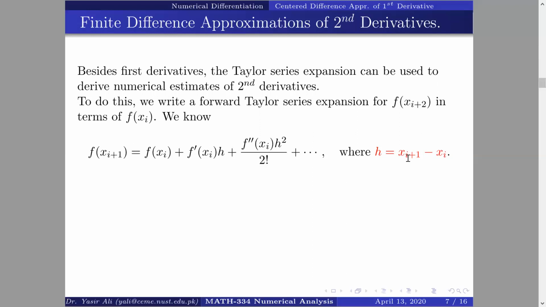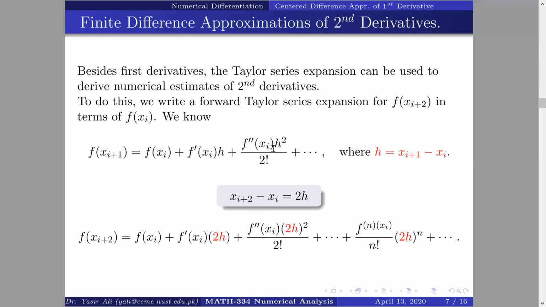This h is the difference between x i plus 1 and x i. The difference between x i plus 2 and x i is 2h. So each term having h in the above expression is replaced by 2h, because here we are writing it for x i plus 2.